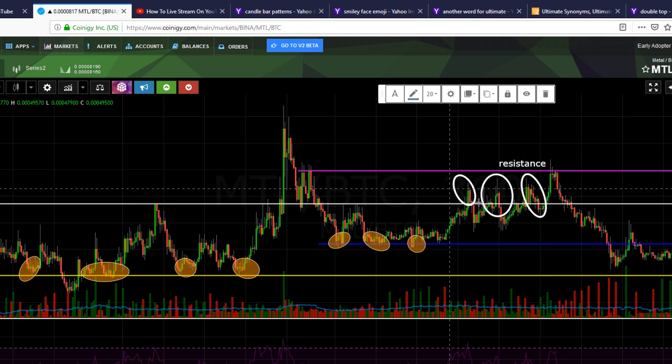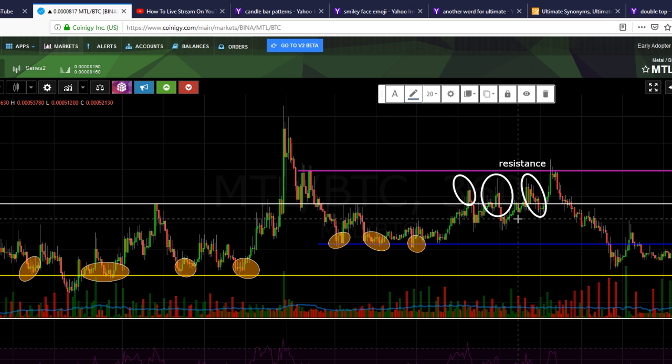Another reason, because 3 times here with these ellipses, we weren't truly able to trade above this white trend line. And because we weren't able to trade above the white trend line, I would not buy into this, because price action hasn't truly made up its mind yet.